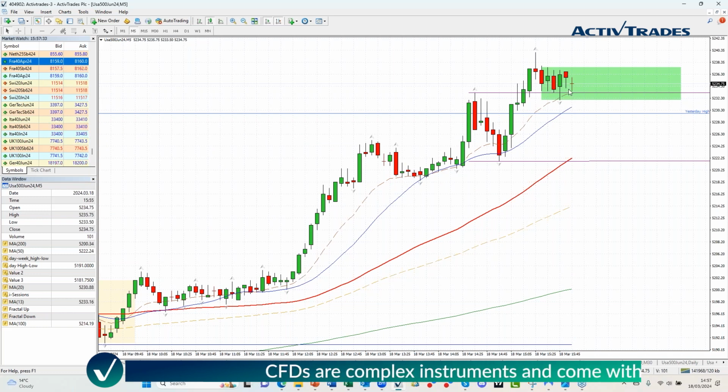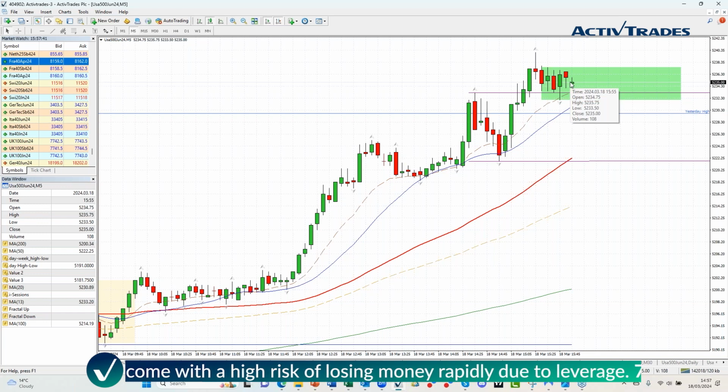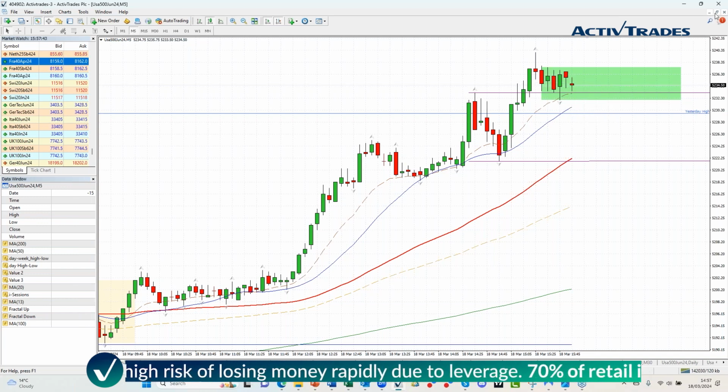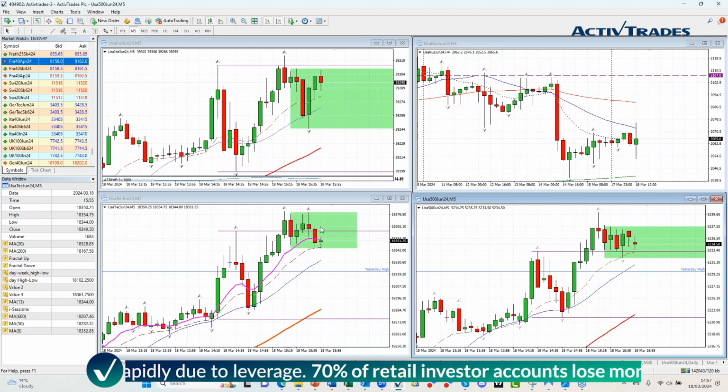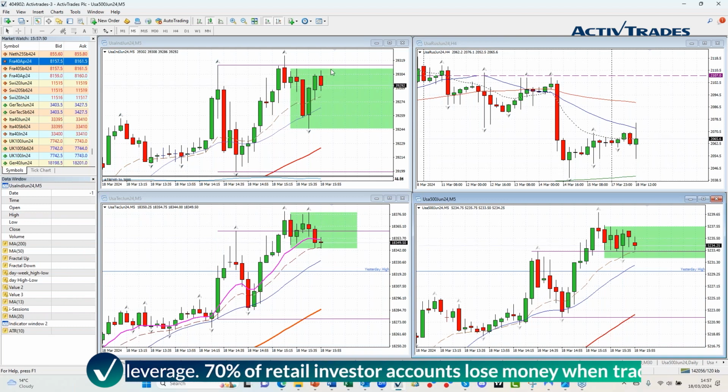Whereas the Nasdaq is beneath the high of the 30-minute opening range. Here we can see the S&P is already above it, and can it hold above it? That's what I'll be looking for. If it can hold above it, that is very bullish. Whereas the Nasdaq couldn't seem to hold above it, and the Dow at the moment doesn't seem to be able to get up above it either.